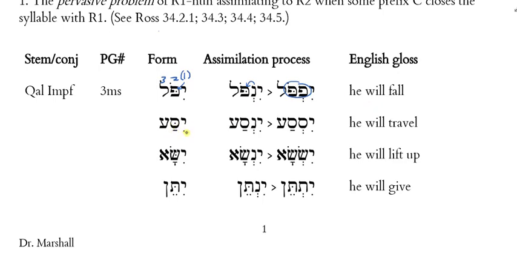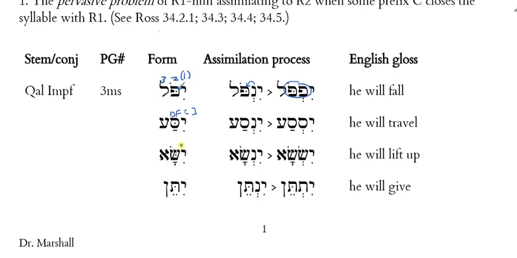The verb nasa, to travel, in the Qal imperfect 3ms is yissa. Again, there's my dagesh forte here, representing the missing nun. Okay? So this would have been yinsa, and then the nun becomes a samek, yissa, and then those two are written as one samek with the dagesh forte. He will travel. The other verb that sounds like the same one, nasa, nun, sin, aleph, he will lift up, is yissa, like this.